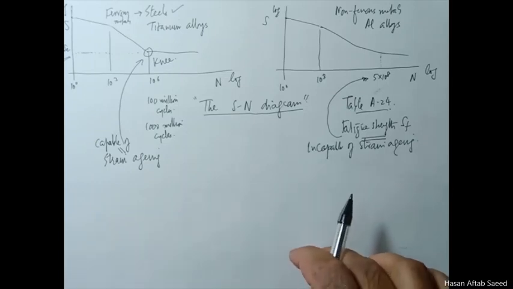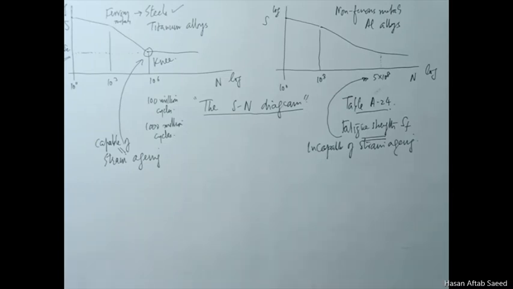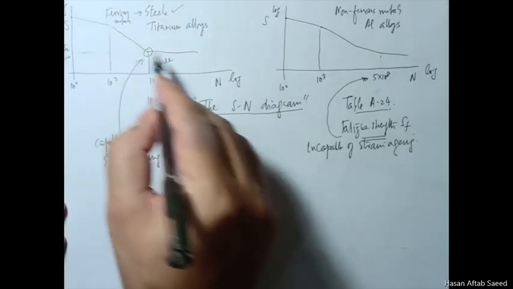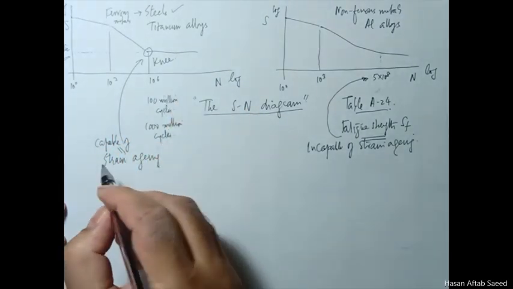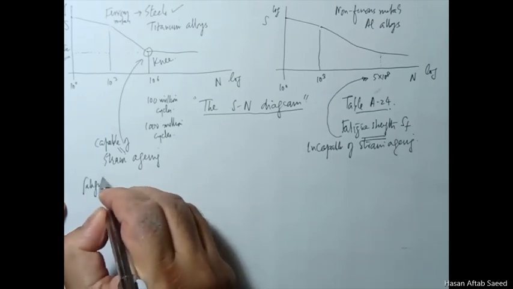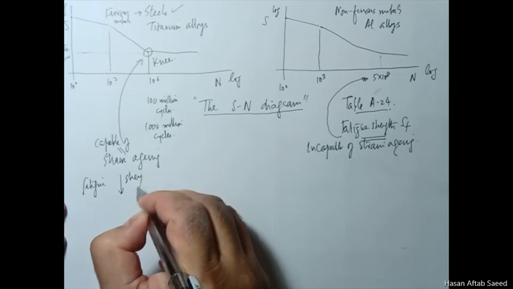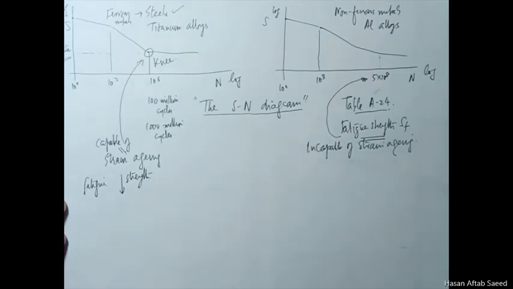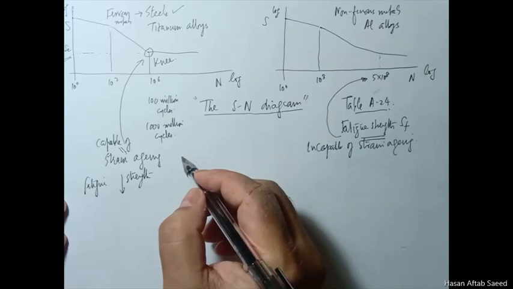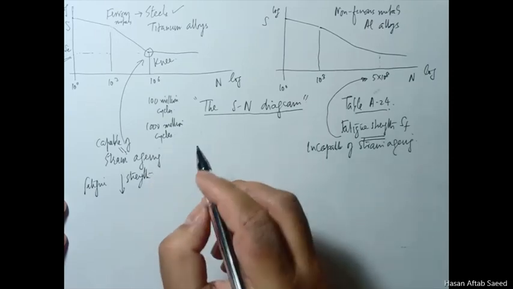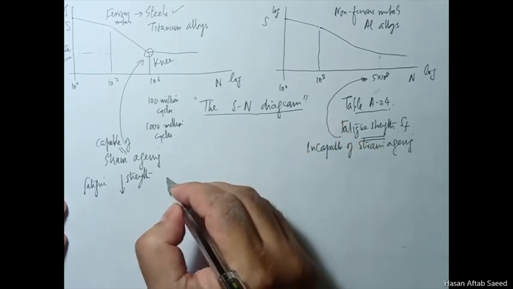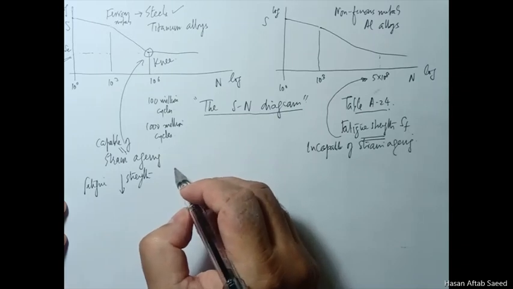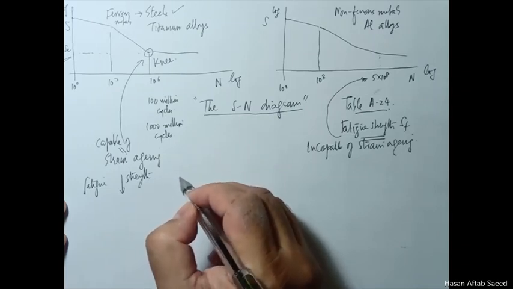You can look at it like this. Because of fatigue, the strength of the material is basically decreasing with every cycle. So because of fatigue, the strength goes down, but there is a competing mechanism, and that is strain aging, in which the flow stress of the material keeps on increasing with every cycle.